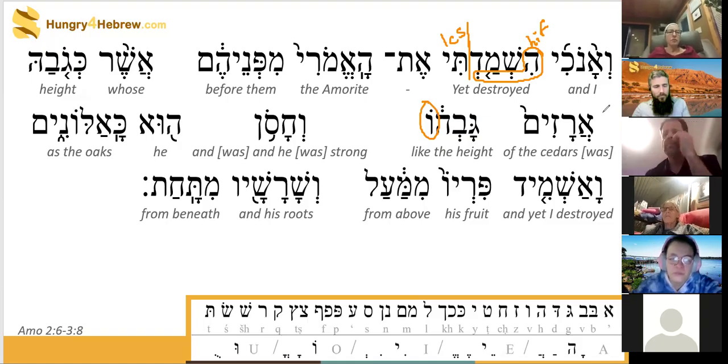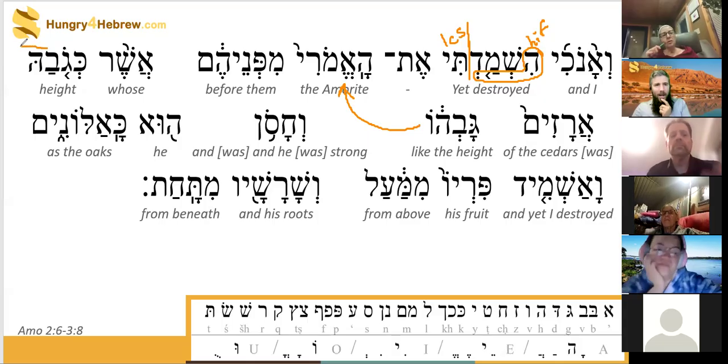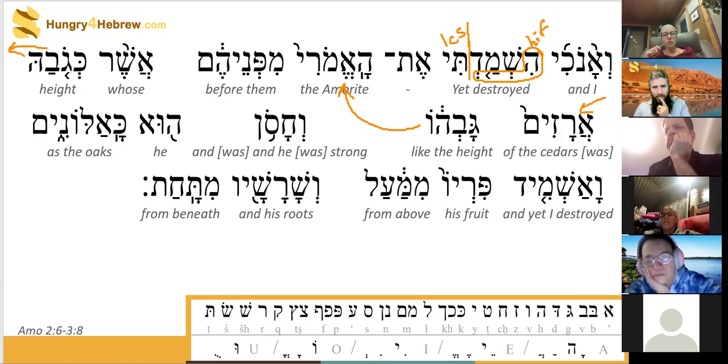Amori. Very good. The Amorite. So the Amorite that, like the height of cedars, is or was govho, his height.